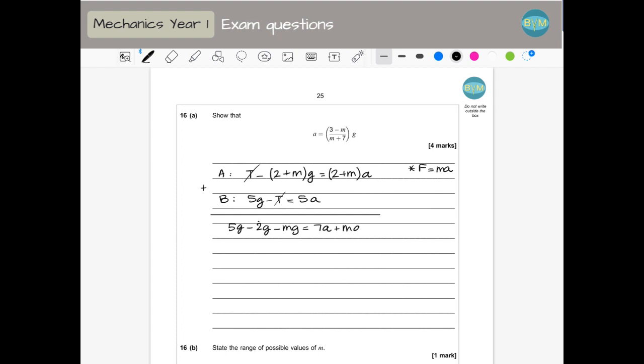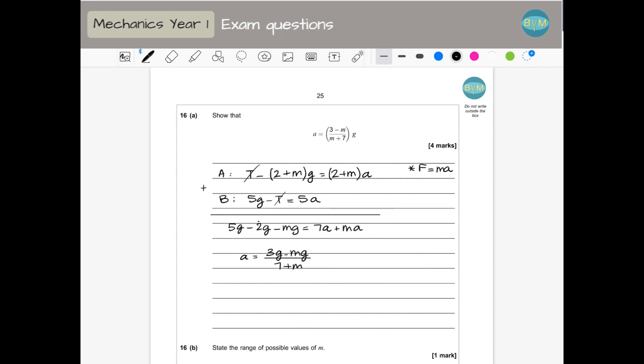So my acceleration is going to be all this, which is 3g minus mg, divided by, if I factorize with a times the bracket 7 plus m, so I'm going to divide by 7 plus m.